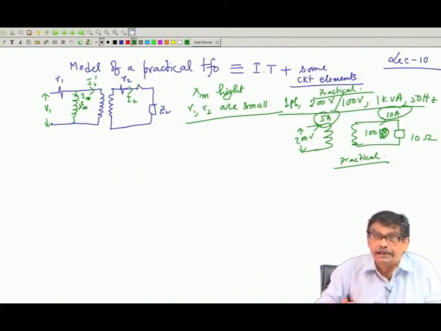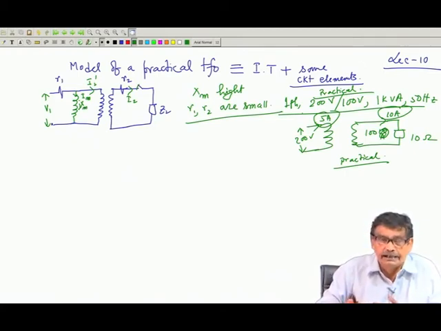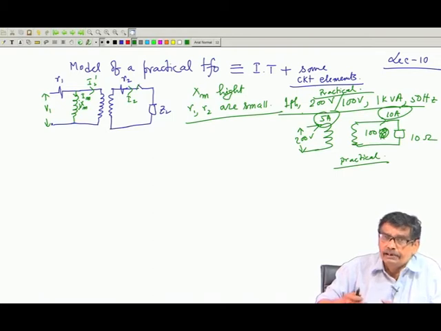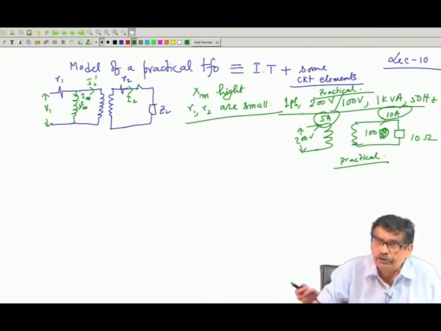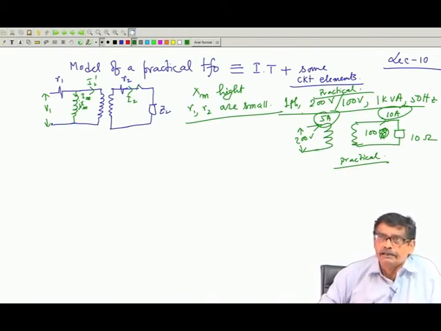The ideal transformer helps you calculate the numbers so easily, and you can always say it is very close to the correct answer. It is not a mean achievement using the concept of the ideal transformer; wherever possible you do that.